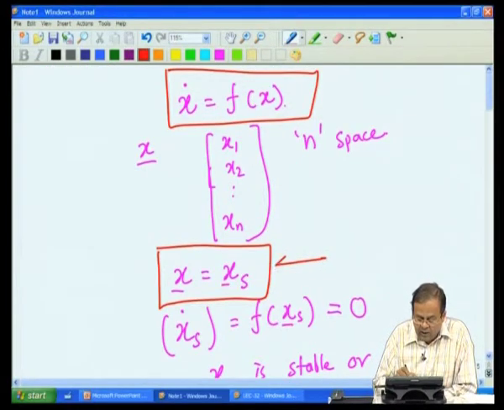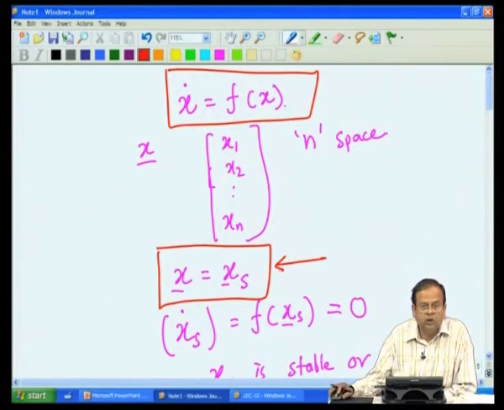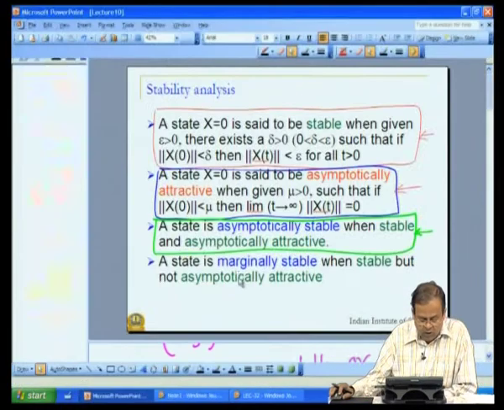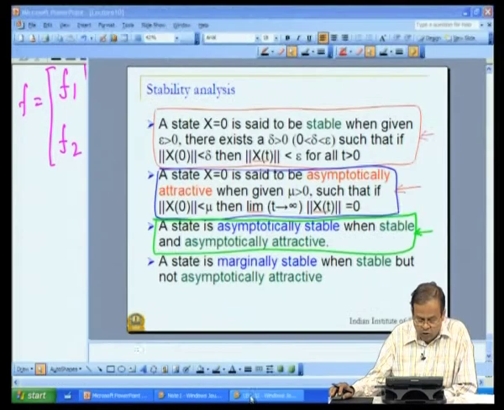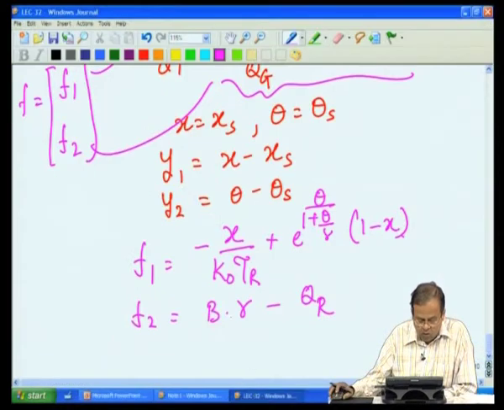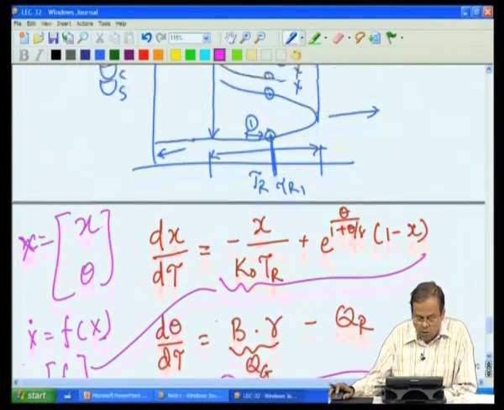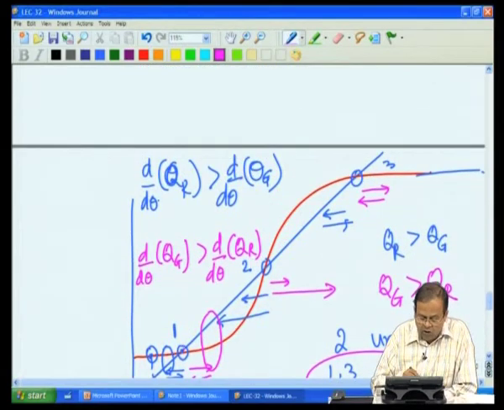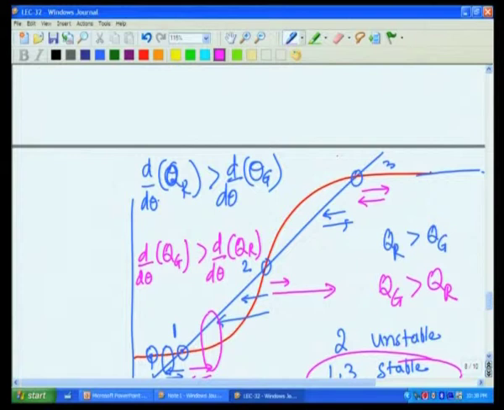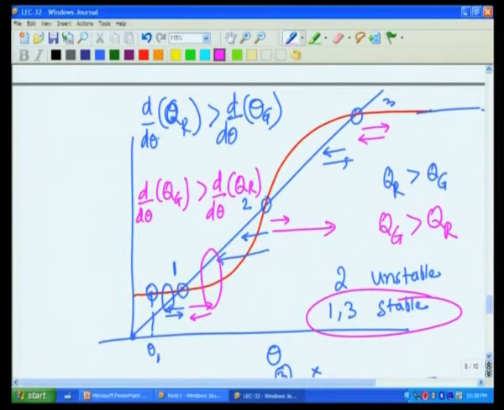Then this is my steady state solution x equal to x s. Last time we saw that there are three steady state solutions, depending upon the operating conditions. So, this is when q r is equal to q g and so on.